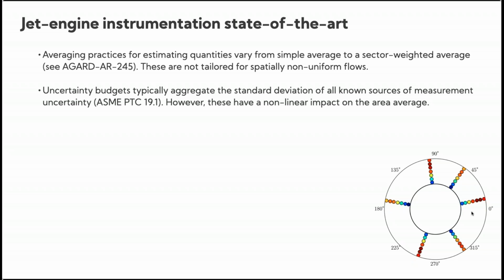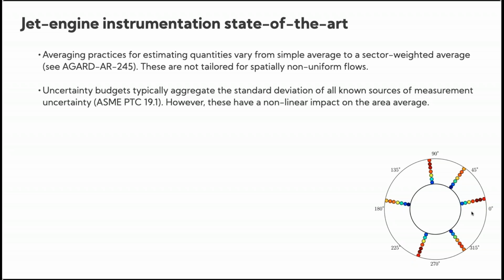Another issue is just the way we aggregate uncertainties. What's typically done and recommended, and when I say recommended, I refer both to this AGARD AR245 report and also the ASME performance test code, in terms of the way you bookkeep the uncertainties, is you try as best as possible to estimate what the standard deviation is, and the correlation between the different sources of uncertainty, and then you aggregate them in the standard rudimentary framework that you would use.